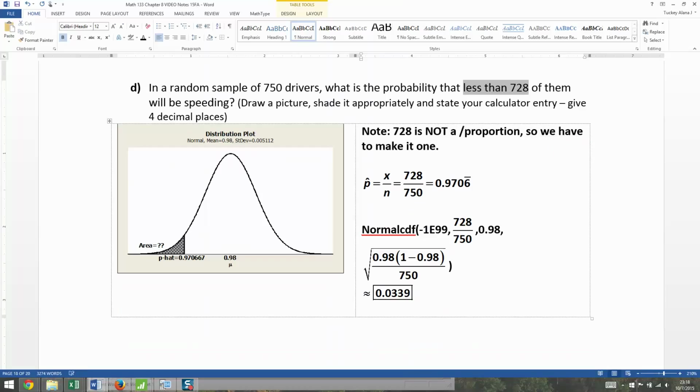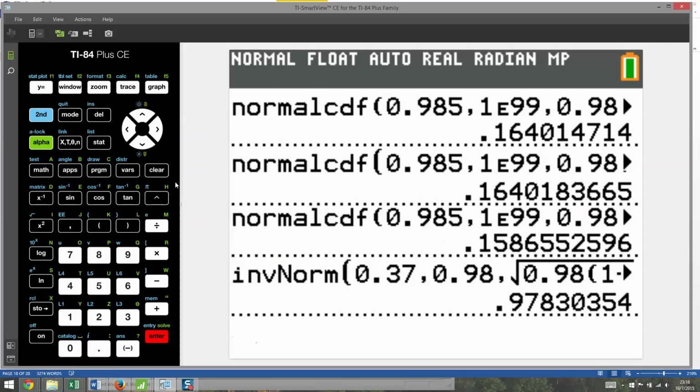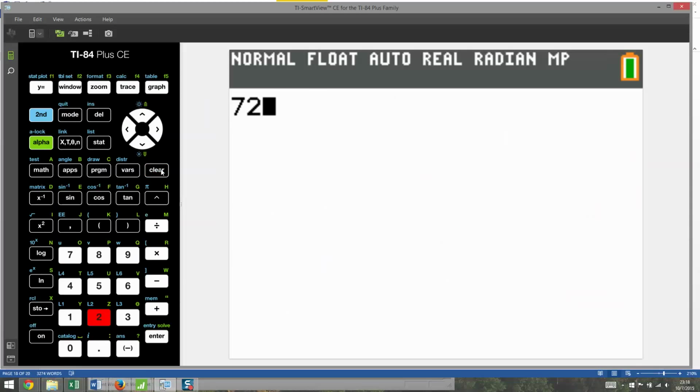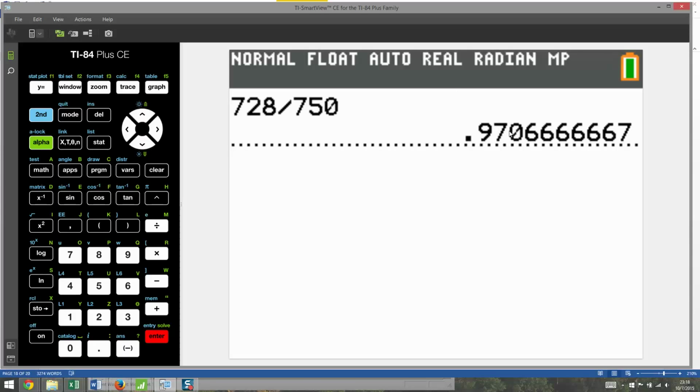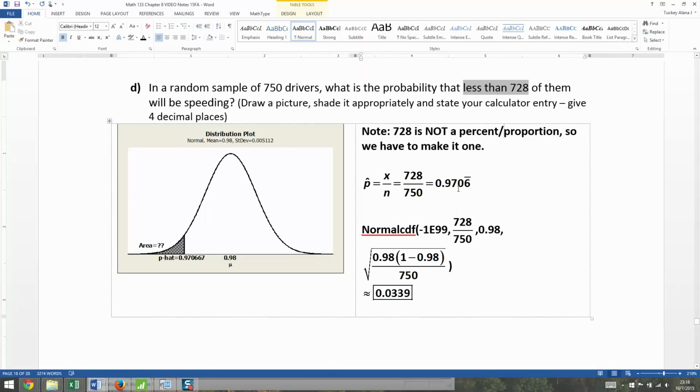So we're going to have to turn it into one, right? And to do that, we'll use the p hat equals x over n formula. So you grab your calculator, clear, 728 divided by 750, and we get 0.9706 repeating. And so that's where that came from right there.